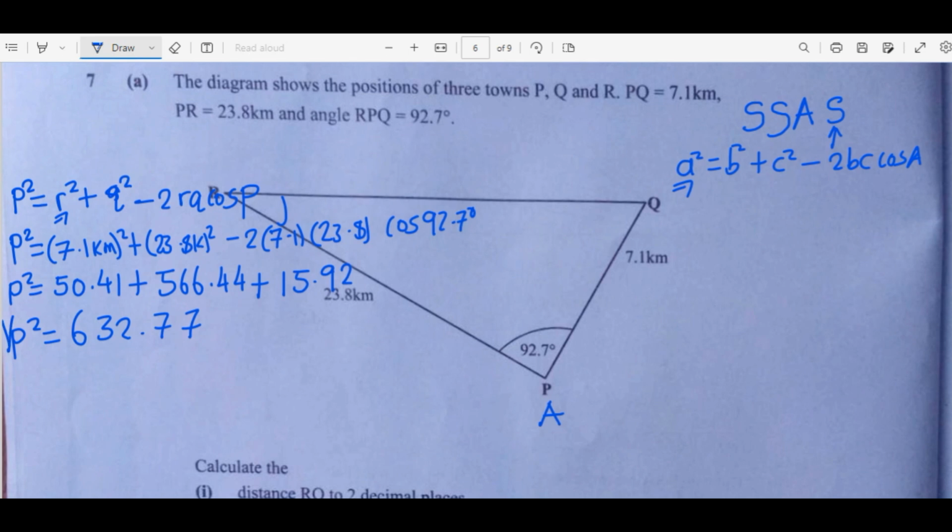Then we take the square root, which is our final answer, 25.15. Since we are told correct to two decimal places, we just need two numbers after the decimal, so 25.15 kilometers is our final answer. So this is the distance that we have here.